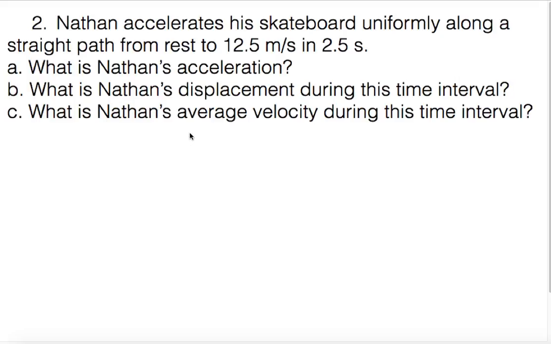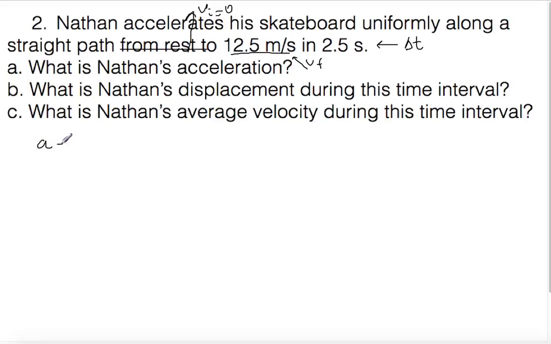Newton accelerates his skateboard uniformly along a straight path from rest. From rest means the initial velocity is 0, to 12.5 meters per second. 12.5 meters per second is the final velocity in 2.5 seconds. This is the change in time. What is the acceleration?